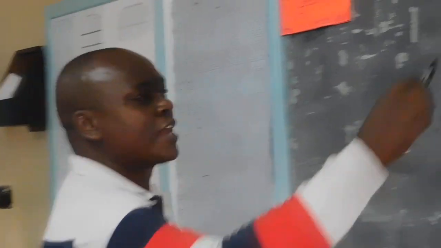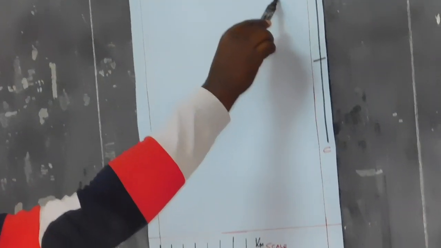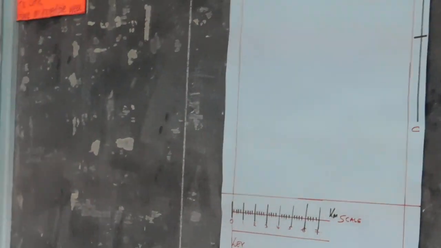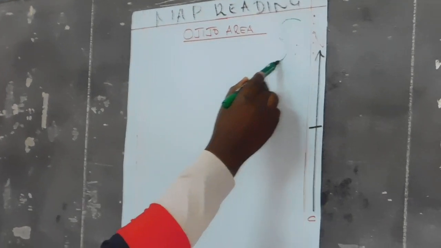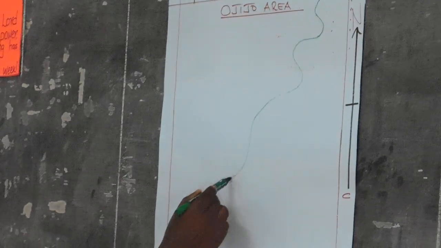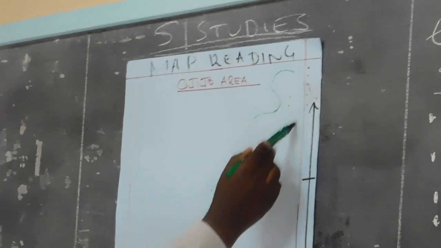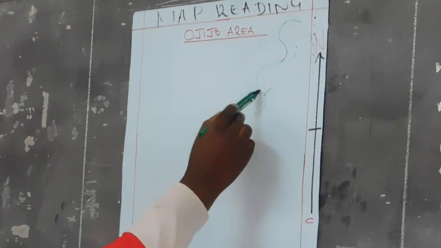Now, in this Ojijo area, we are trying to assume that we have a river on this side, a river operating in this format. Let's assume that this is our river. Then the river is draining in this corner here.